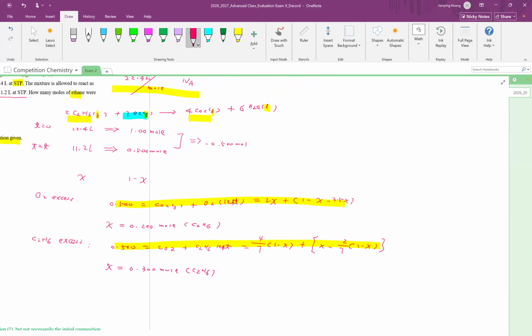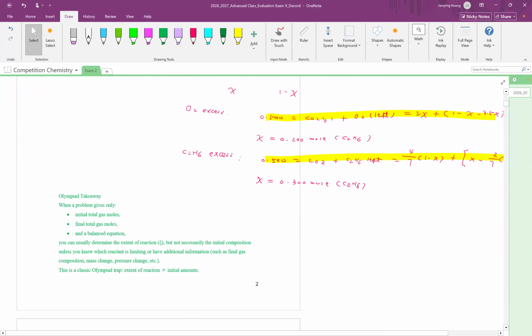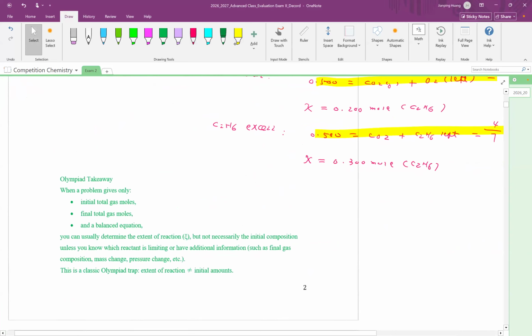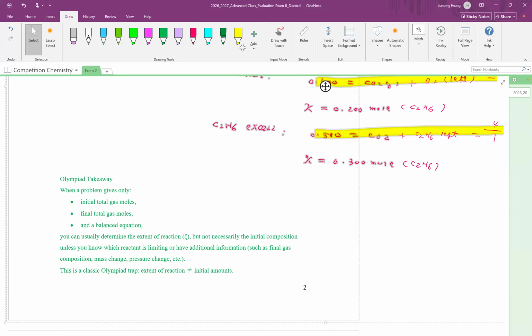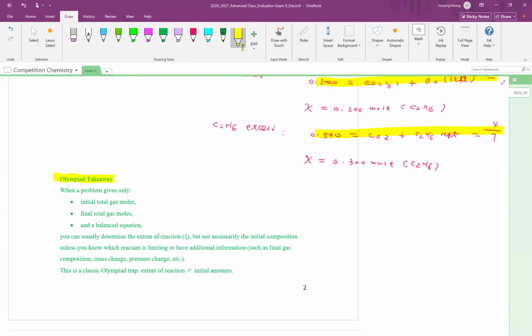That's the trend, okay? So what do we learn here? In the class or the question solving, I try to use some Olympiad learning. In this case, the problem gives us the initial mole, the final mole, and the balanced equation. So we need to choose what? The key point is that we normally determine the extent of the reaction.